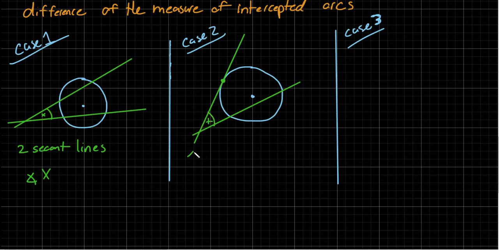So, 1 tangent line plus 1 secant line. That's case 2. Is case 3 just 2 tangent? Yep.